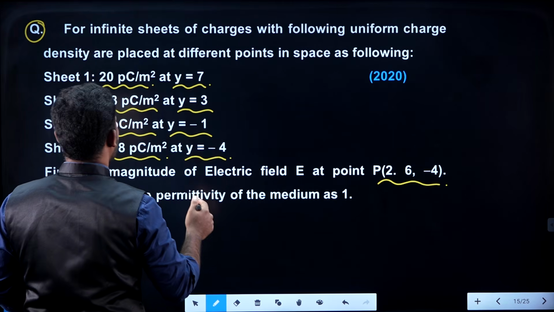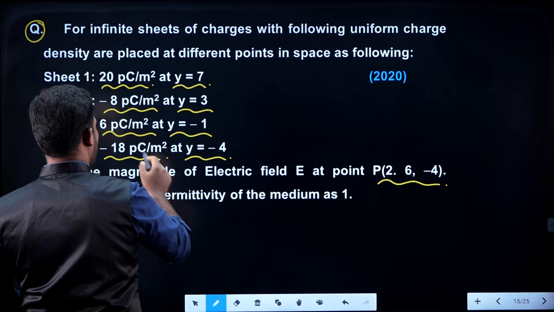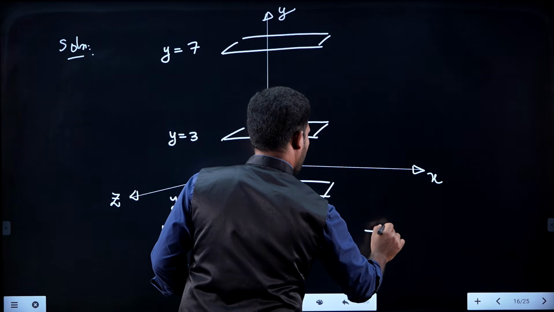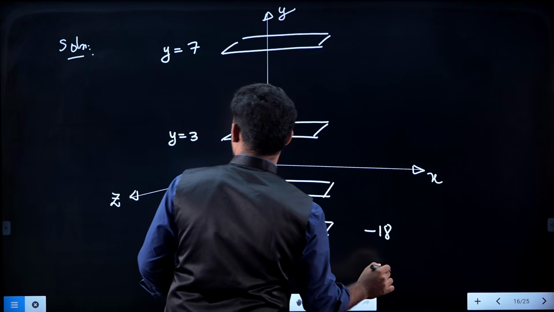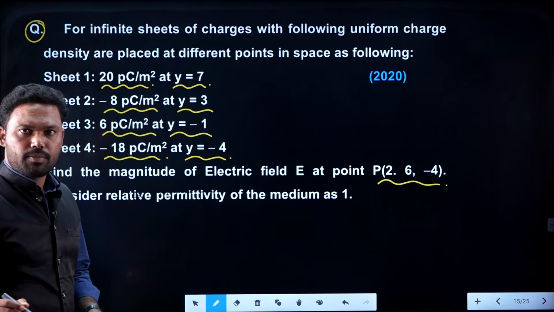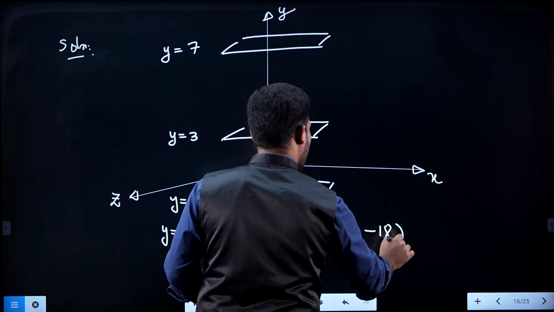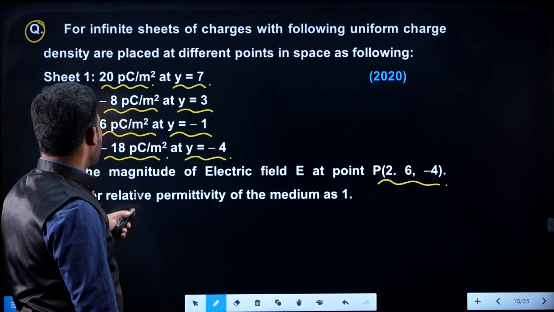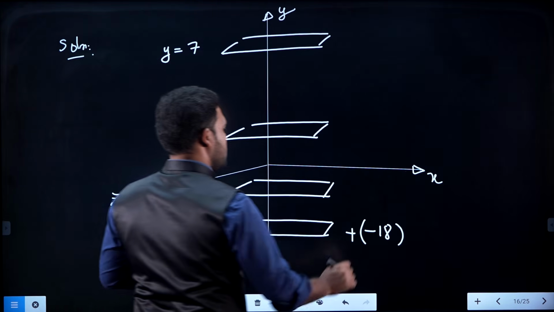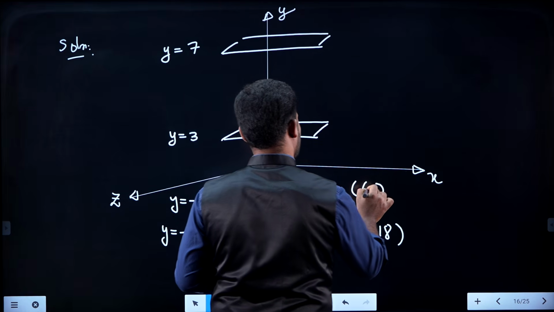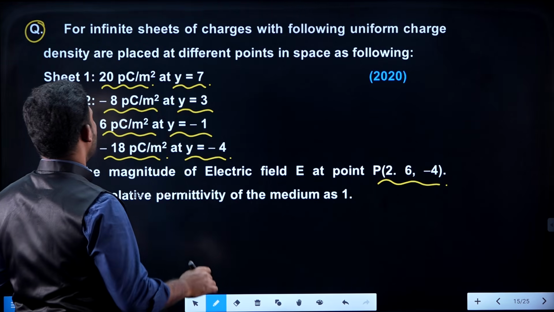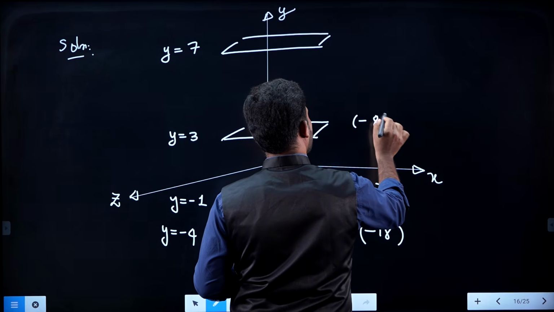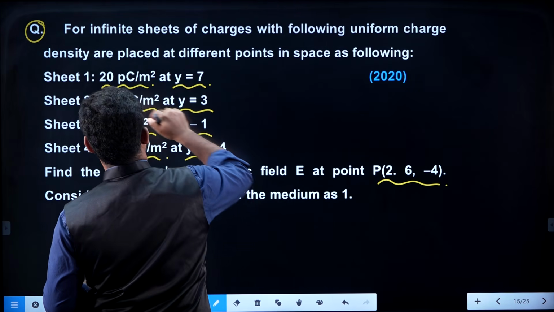What is the charge on these? Minus 18 picocoulomb, everything is pico. So it is minus 18, better you put this one in the bracket and treat this as a positive charge. And then 6, and then this is minus 8, put this one inside the bracket. Next 20.